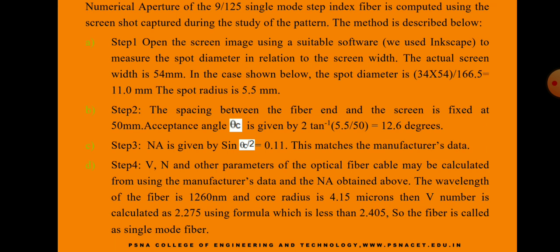So the conclusion is that the V number of 2.275 is much less than 2.405, and we can identify that the fiber is single mode.